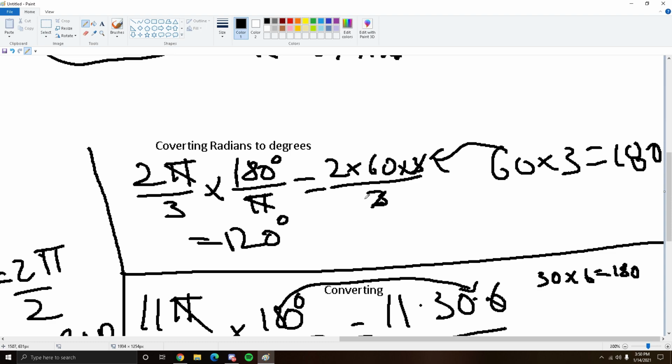So like I said earlier, you have to convert every single number. You can't really just put 180 and divide it by 3. So it's 2 times 60 times 3, because 60 times 3 is 180, over 3, right? This 3 cancels out because there's already a 3 up here, and that gives you 120 degrees.